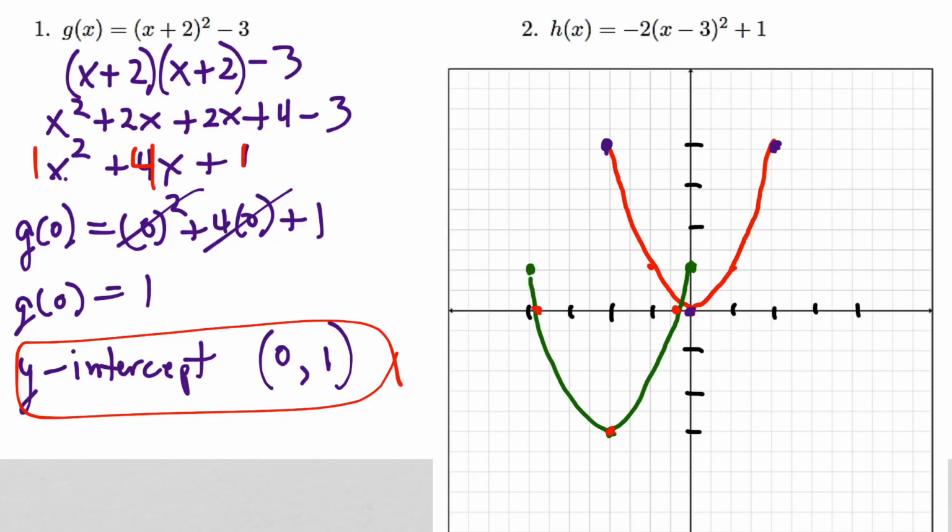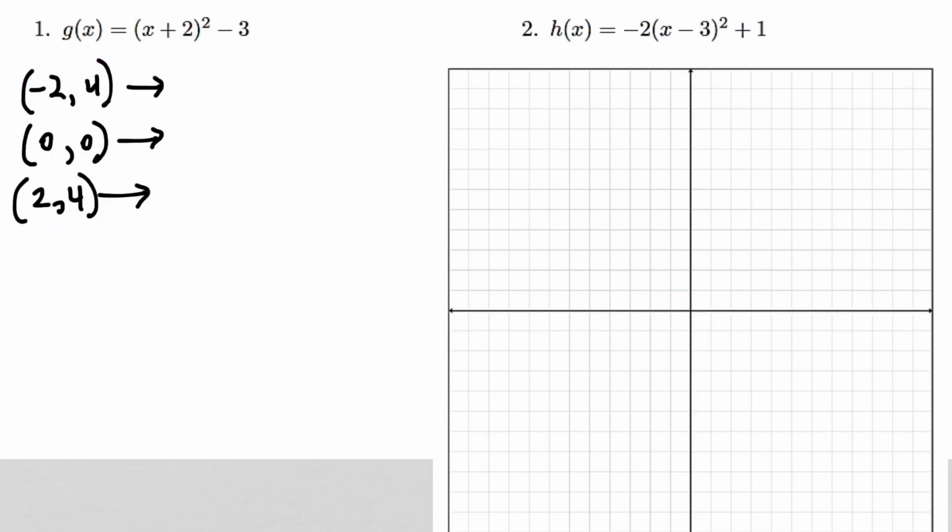Now let's look at problem number 2. I'm going to take the same 3 points and transform them according to the second equation. So the second equation says we're going to the right 3, and then we're multiplying the y coordinate by negative 2, and then adding 1. So let's do the x's first. So the x, we're going to the right 3, so that means we're going to add 3.